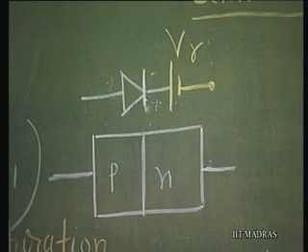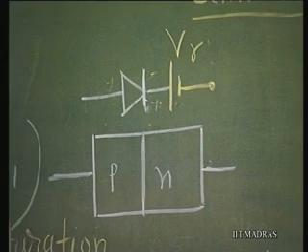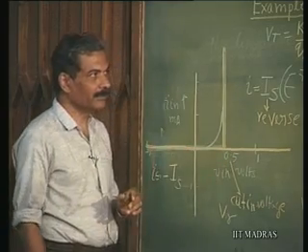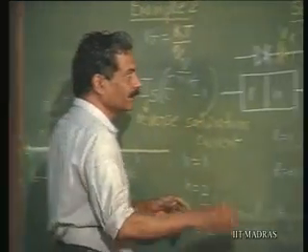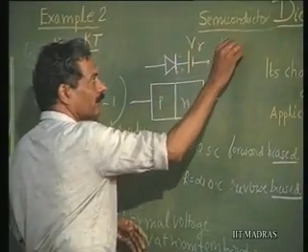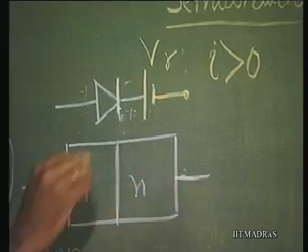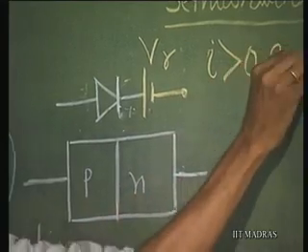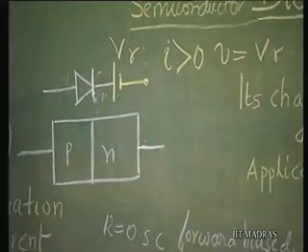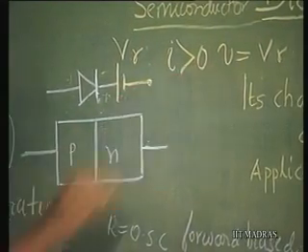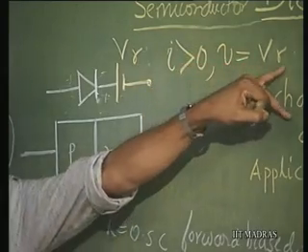So, let us see that the equivalent circuit of a semiconductor diode can be put down as follows. For I greater than 0, the V is going to be equal to V gamma, whereas in the case of an ideal diode this V was equal to 0.